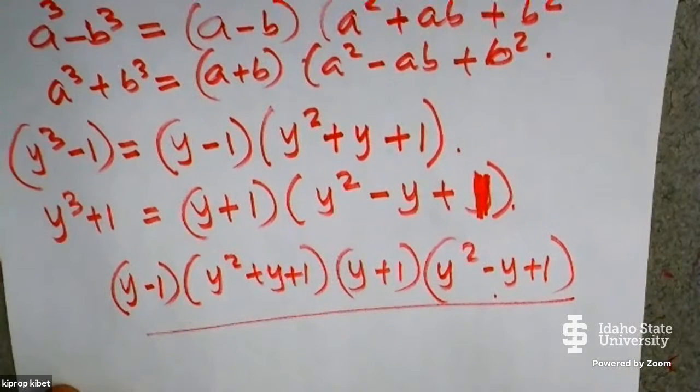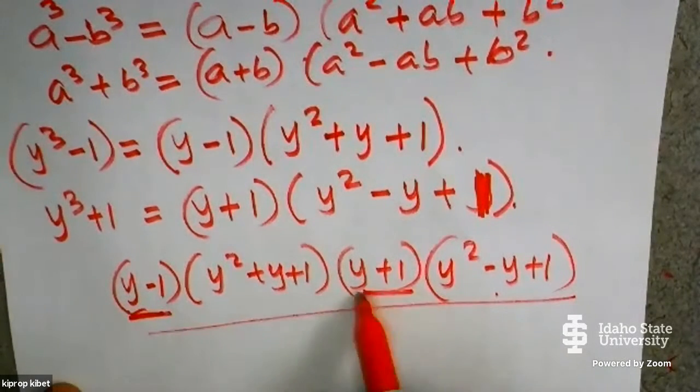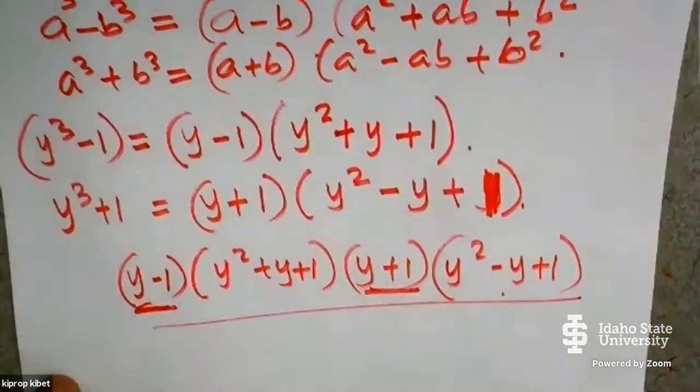If I wanted to do something else, but this one was simplified completely, then I could have combined this one and this. But I don't want to, because it says factorize completely. So you just leave it like this.